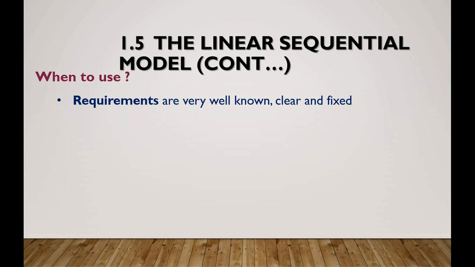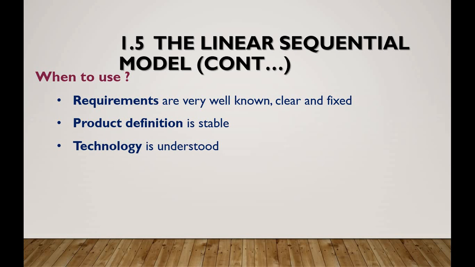We can use it when our requirements are very well known, clear and fixed, our product definition is stable, technology is understood, and there is no ambiguous requirement. Let's understand all one by one. Requirements are very well known, clear and fixed, meaning there cannot be any changes in further stages.